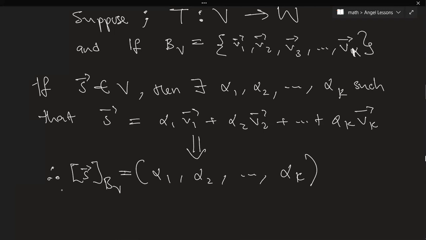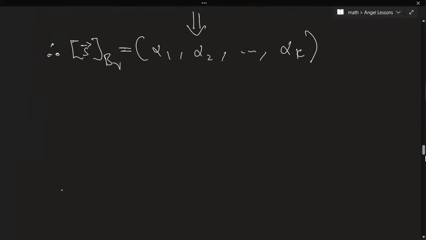So now, if you understand this, let's go back to the question at hand. How do you answer the last question for part B, D, of finding a matrix of a transformation, or a matrix that corresponds to a given linear transformation?